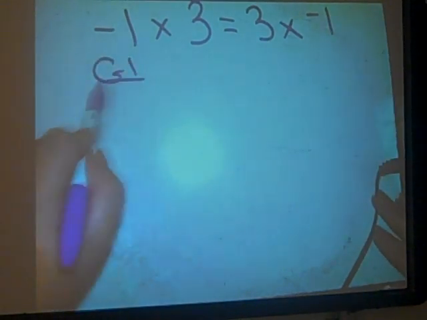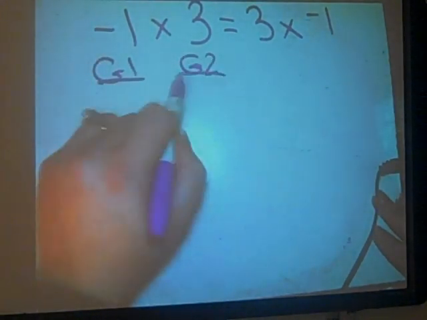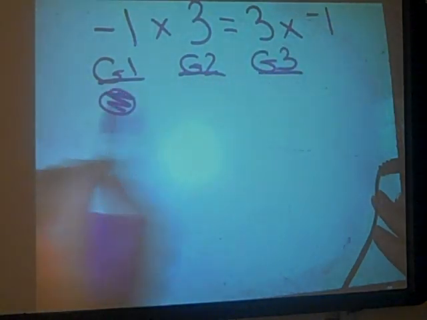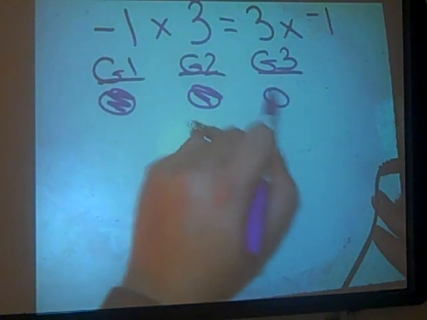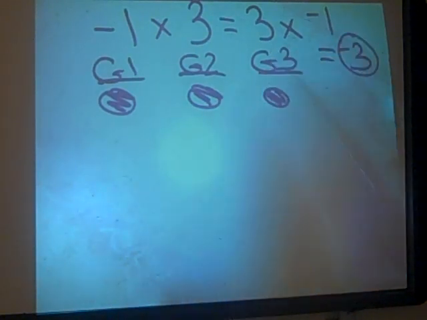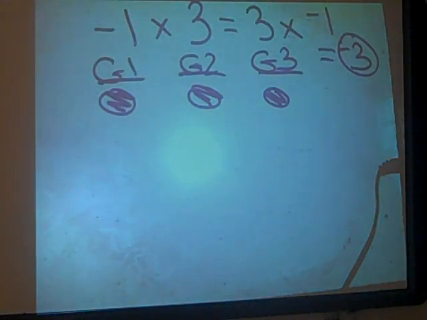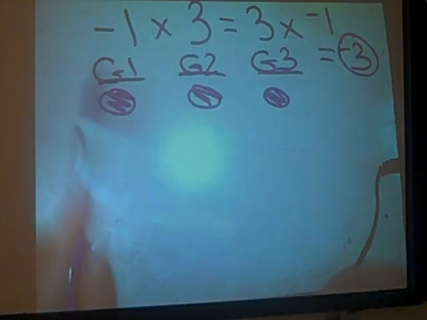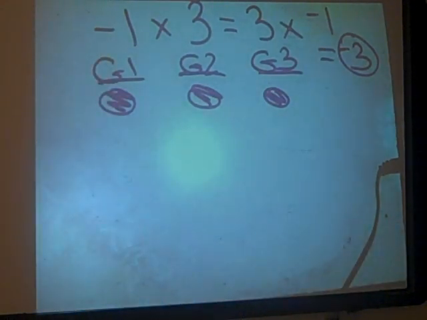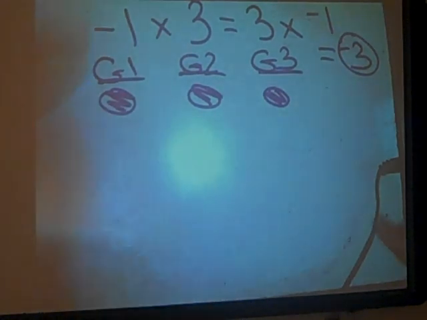So G1, G2, and G3. And there will be negative 1 in each group. And so we have a total of negative 3. And it's negative because they are shaded in circles. So when your first number is negative, you need to use the commutative property because you cannot have a negative number of groups.